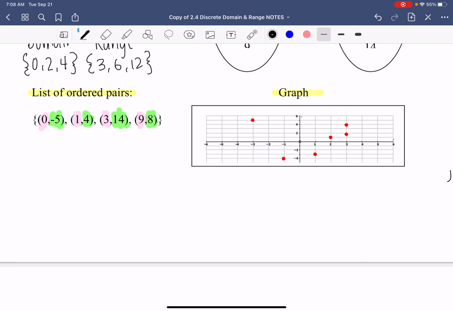And then graphing. When we're looking at the graph, I think it's easier to determine your domain when you're looking at it from left to right, like you're reading a book. And it's based on where it's at on the x-axis because our domain is our x values.